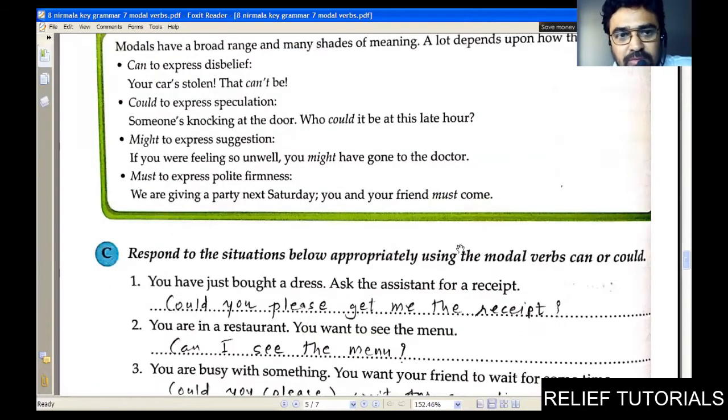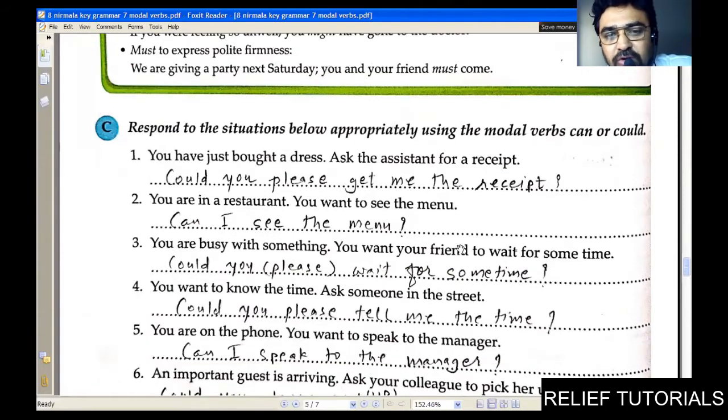Okay, now respond to the situations below appropriately using the modal verbs can or could. So can, simply could, you had better remember the use of can and could. I'm showing it to you again.